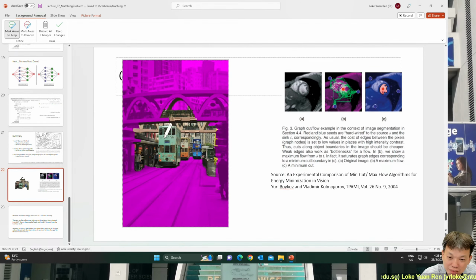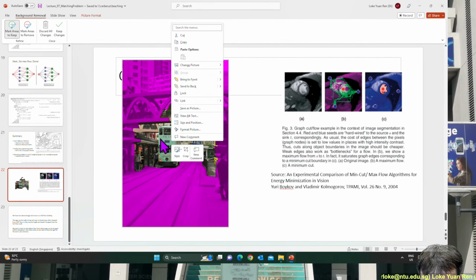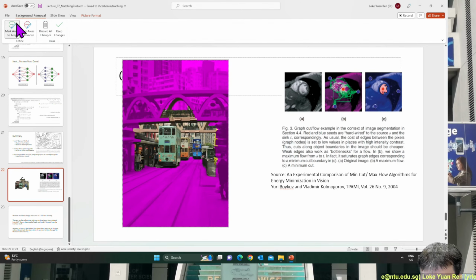Let's say I want to keep this bus. Area to keep. This one. Why cannot keep? I want to remove. Let's say I want to remove this, remove this, remove this.